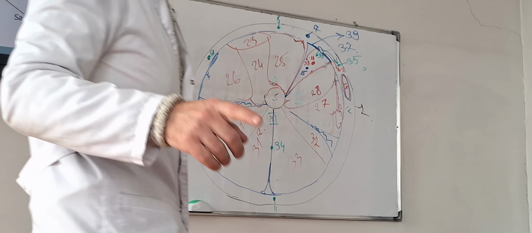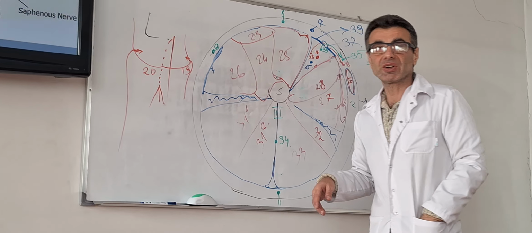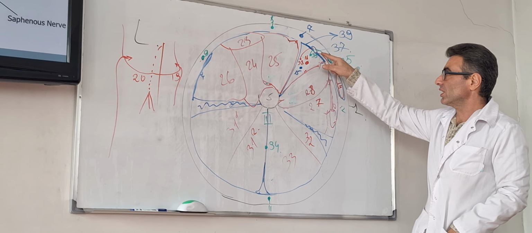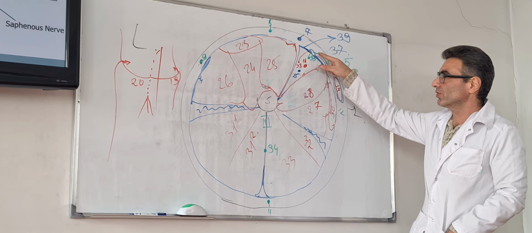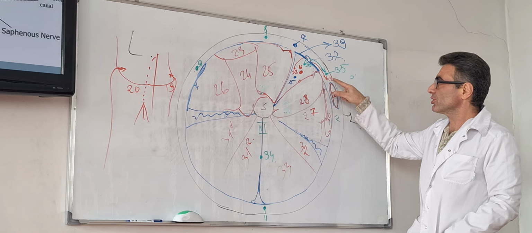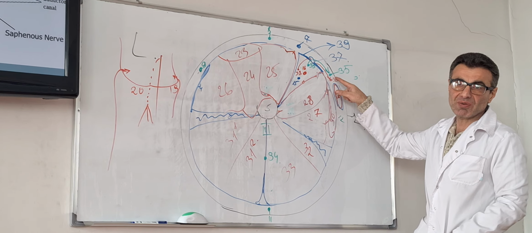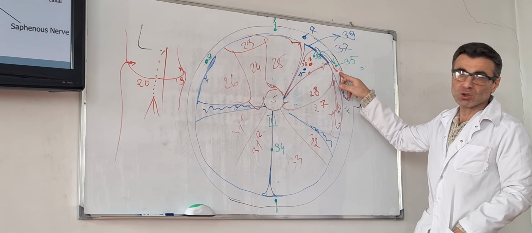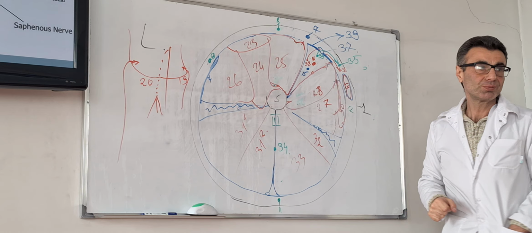But draw saphenous in two places: inside of the space A, and draw here again an aperture in the roof of the space A. Through this aperture, it leaves and is directed into the fatty tissue. So draw it once inside of space A, then draw it inside of the fatty tissue.